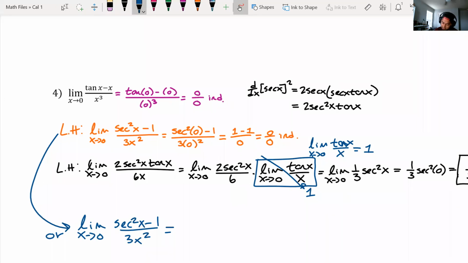Tangent squared. Thanks, guys. Secant squared minus 1 is tangent squared x.